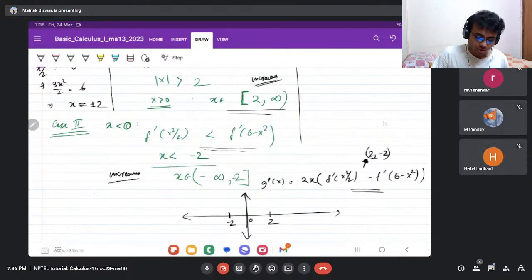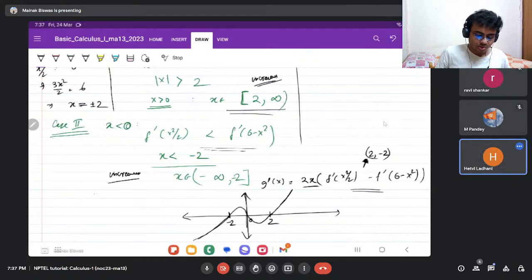From 0 you would increase, and you would increase to 0, agreed? And there is a root at 0 also, right? So by the wavy curve, this will be your curve. At x is equal to 0, you will change sign, right?